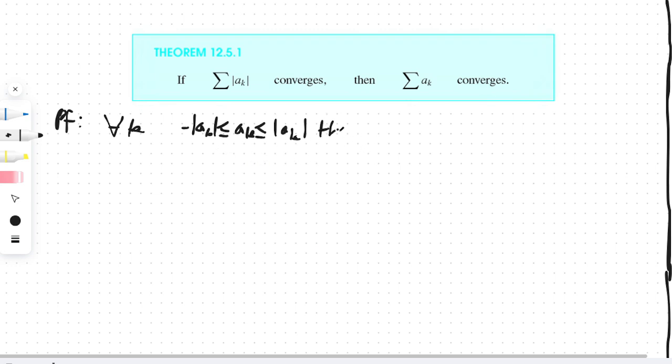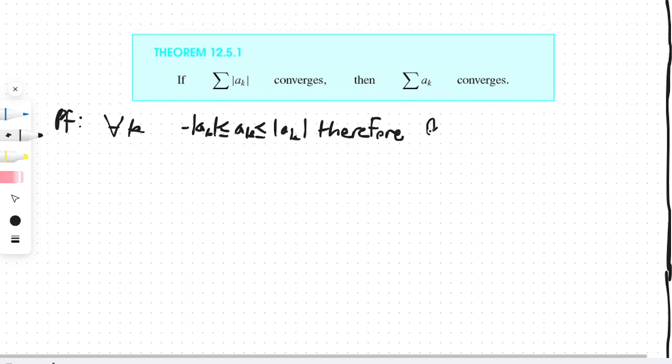Therefore, now we want to make something so that there's a 0 involved. We want this all to be greater than or equal to 0, so that we can actually use our comparison test. So we're going to add the absolute value of a_k to all of these terms.